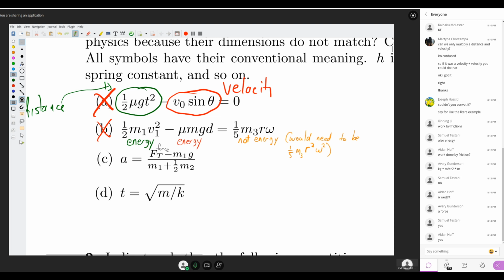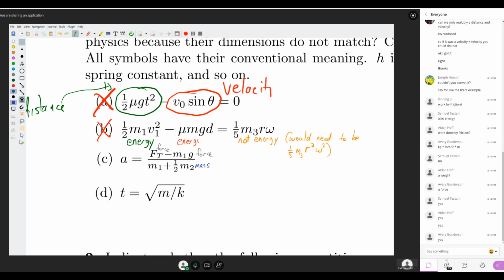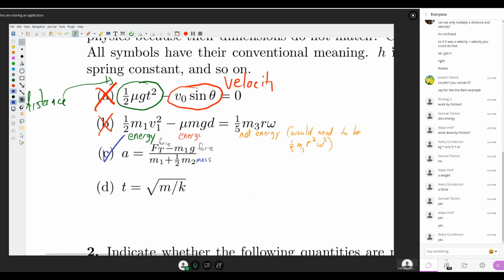Yep. So this is a force. And in the denominator, we can pretty clearly see that this is a mass. So is acceleration equals force over mass dimensionally correct? Yeah, that's Newton's second law, right? So that one's fine.